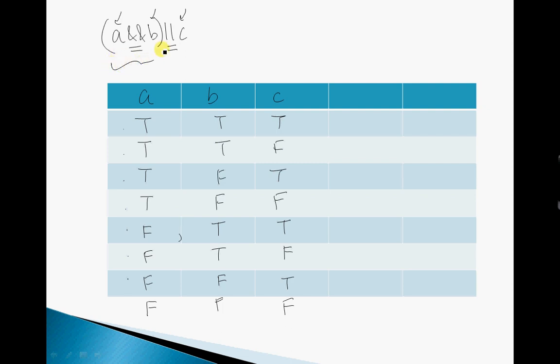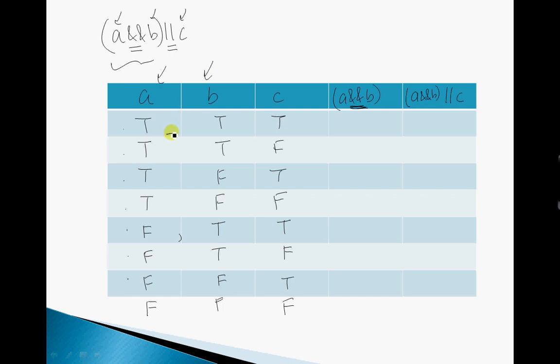Now let me insert a column for A and B. And this will be the expression itself, A and B or C. Alright, so A and B, I'll just have to look at these two columns. I'm going to ignore the third column for now.